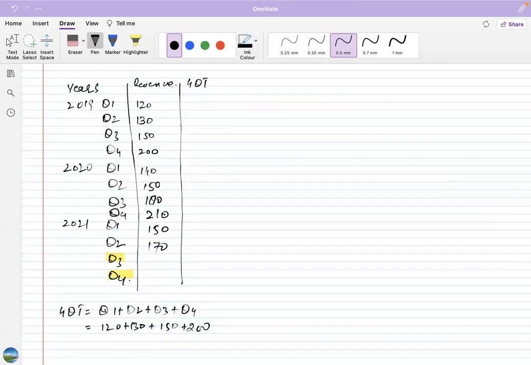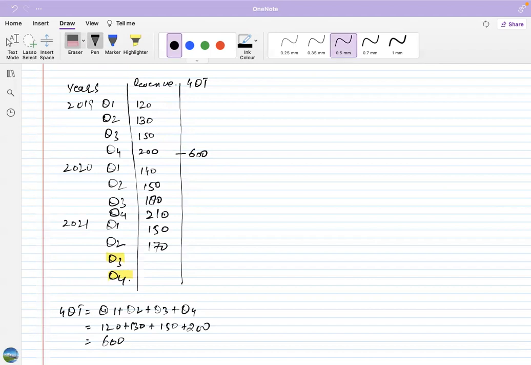So these are the quarter values that are given to us. 120 plus 130 plus 150 plus 200. The answer is 600. The 600 will be written in front of quarter number 4 here. That shows that the 600 is the sum of the 4 values, that are 4, 3, 2, 1. So in this way we calculate it.